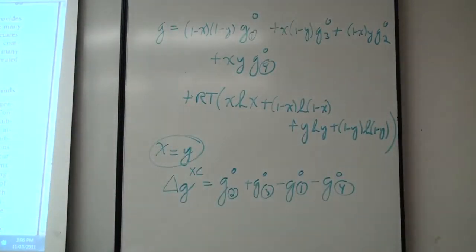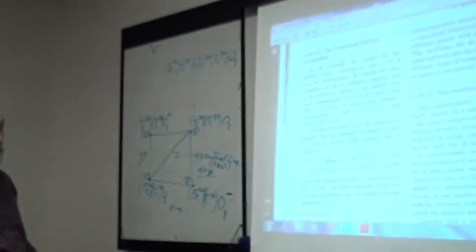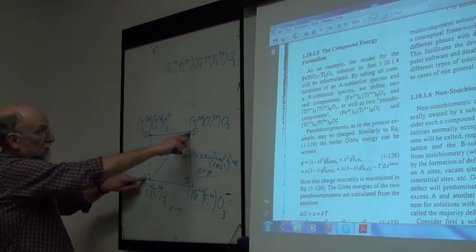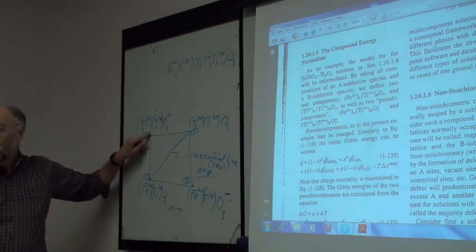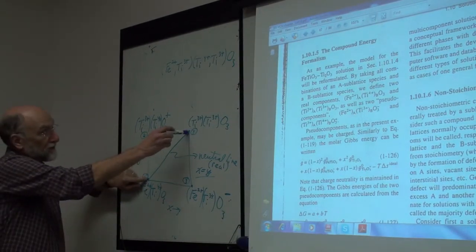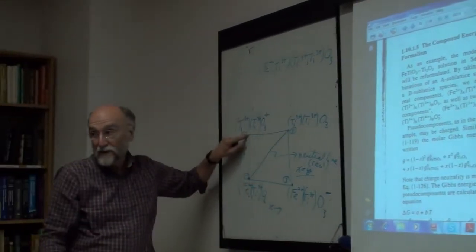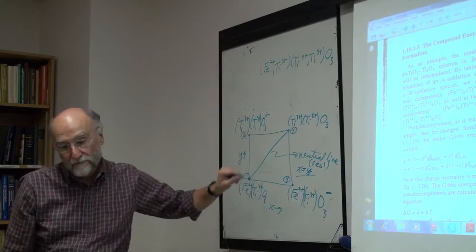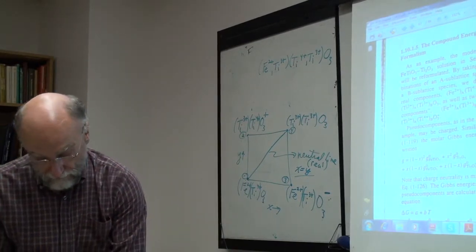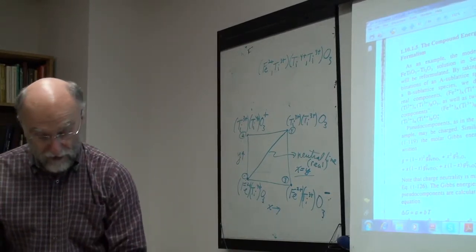That's your exchange reaction as you normally get in a reciprocal system. It's for the reaction of this plus this. This plus this forms this plus this. Your exchange reaction is always this diagonal. This plus this gives you this plus this is your exchange reaction. And that's your exchange Gibbs energy.